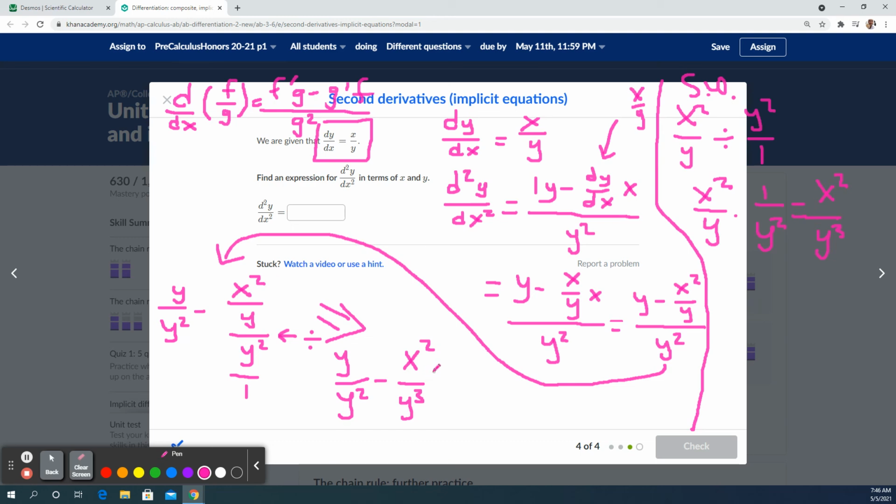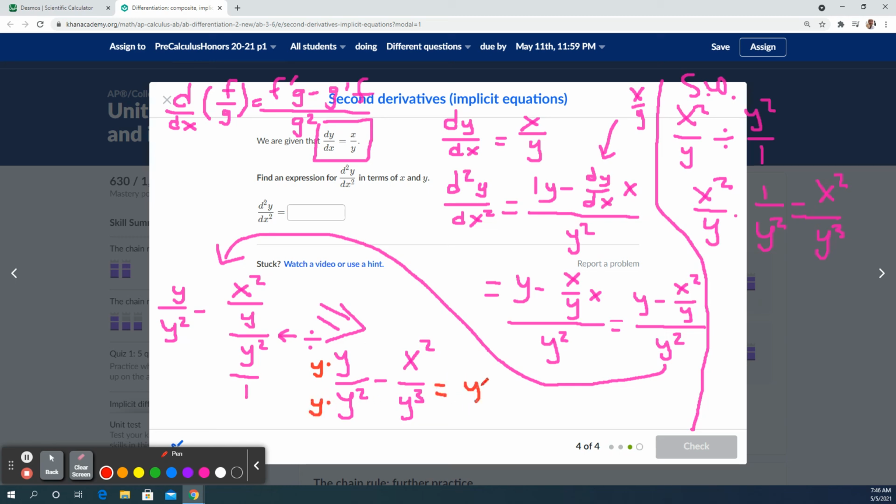And we want to put these together. So I can reduce out a y here. It's not going to help me because of this y cubed. I'd like to keep everything with a common denominator. So I'm going to go ahead and multiply top and bottom by y on this first one, so I have a common denominator.